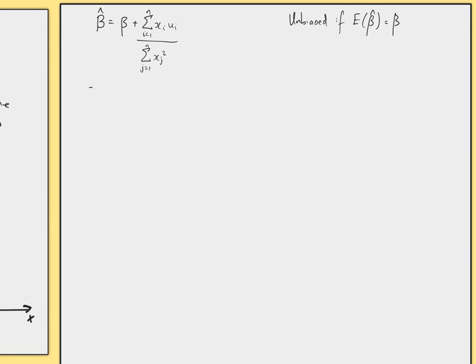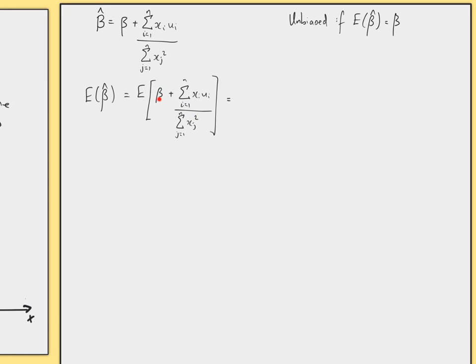So we take the expectation of beta hat, which is the expectation of beta plus the sum of the xu's over the sum of the x squared. Because of the rules of expectation, remember the expectation of a sum is equal to the sum of the expectations, so this is equal to the expectation of beta plus the expectation of this fraction.